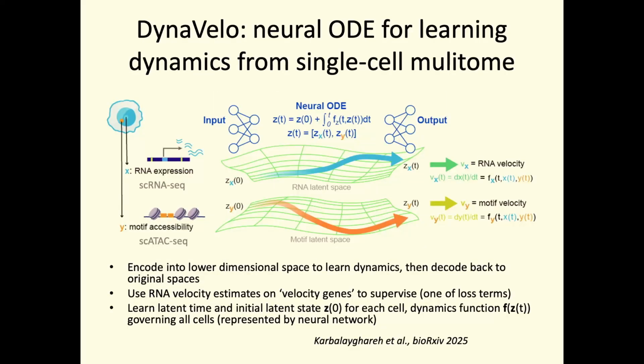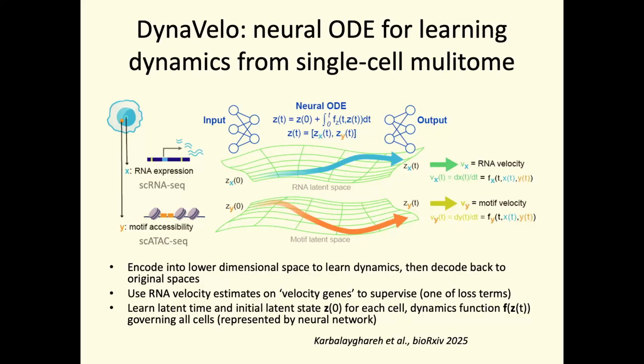Every cell is represented by gene expression and a bunch of motif accessibility. We're using an encoder-decoder formulation. It's actually a generative model. So we encode into a latent space, and we learn the dynamics with the neural ODE in the latent space, and then we decode.